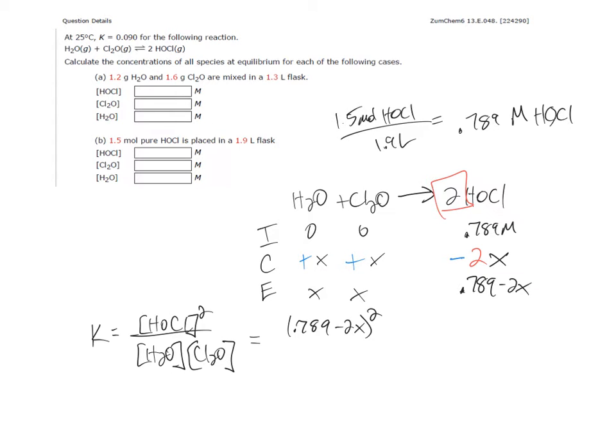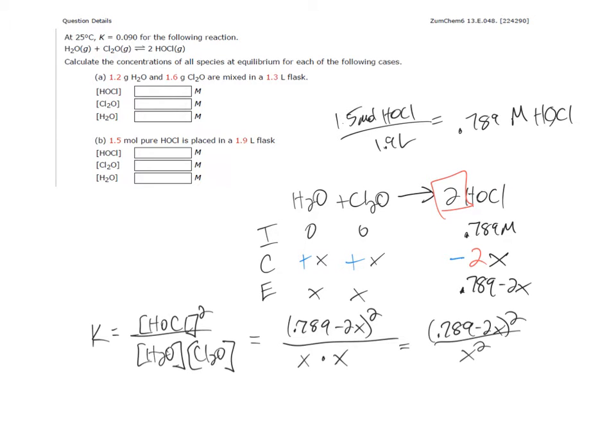Remember to keep that exponent 2 for HOCl. And x times x works out to be x squared. We have a perfect square.